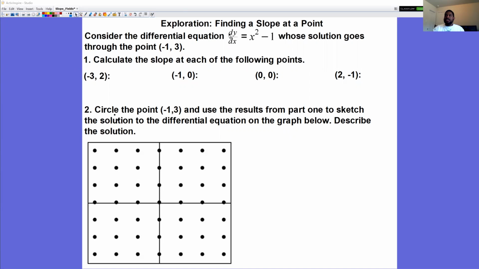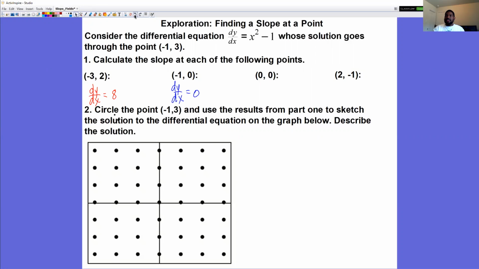If you look at your differential equation here, it depends on x alone. So all we're doing is substituting the value of x from each point into here to get a slope. So the slope of the first point is 8. You plug in -3 into your differential equation, you get 9 minus 1, which is 8.